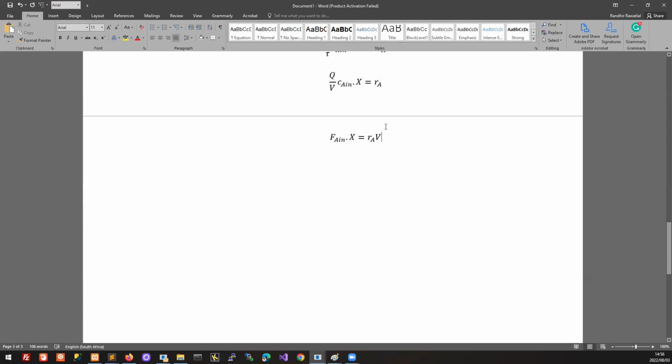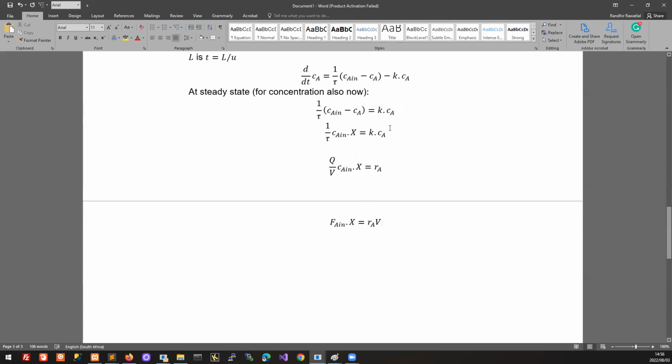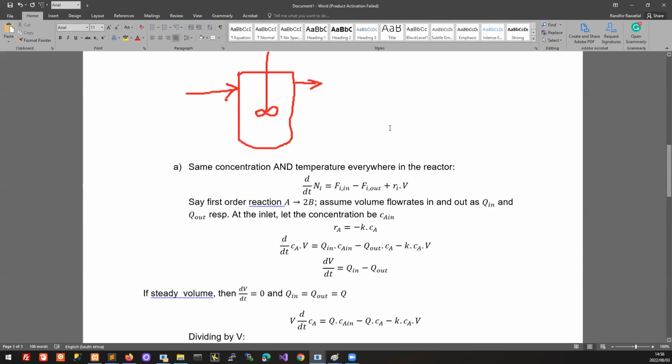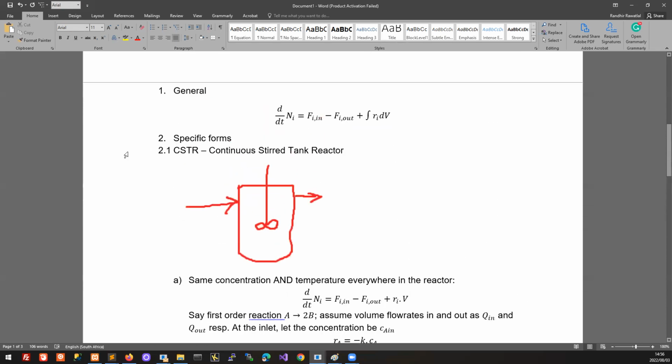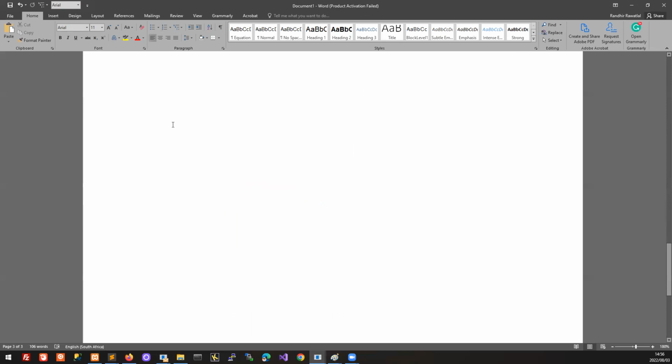Right, so that's the first equation. So this was all the first case study, the CSTR. So let's look at the next one now. So now let's consider the batch reactor.